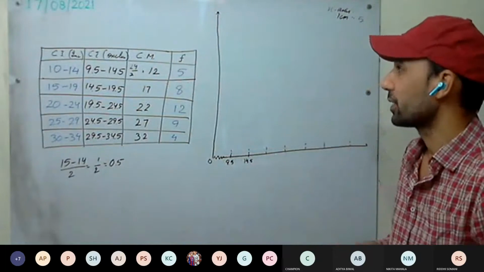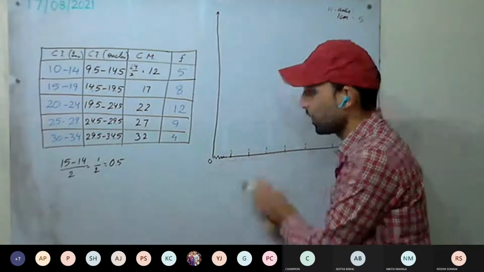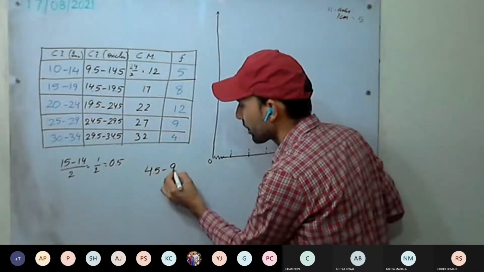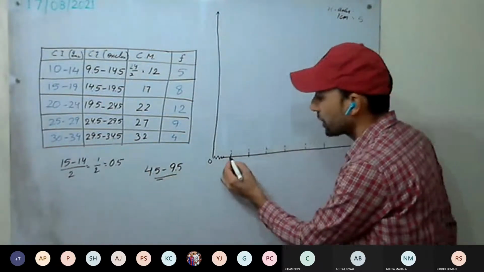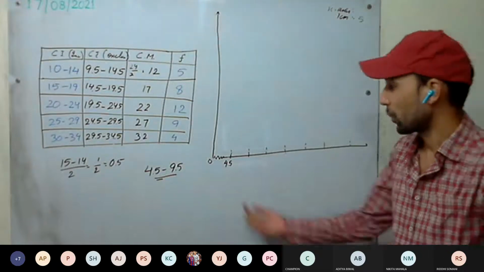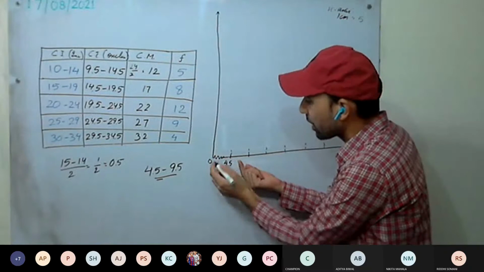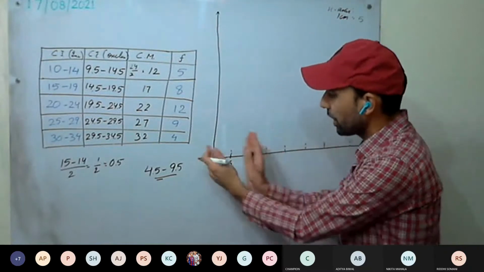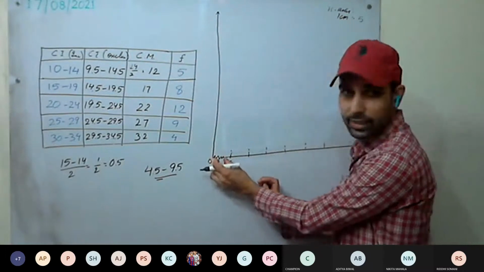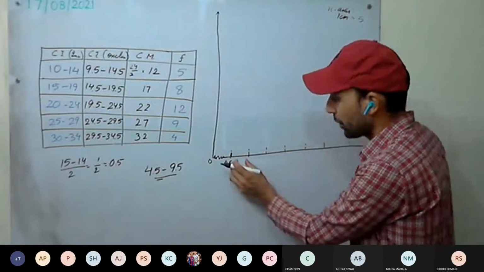So what will that class interval be? 4.5 to 9.5. So we start first from 4.5. It doesn't matter whatever scale we have taken here. From 4.5, we are starting the first bold line.